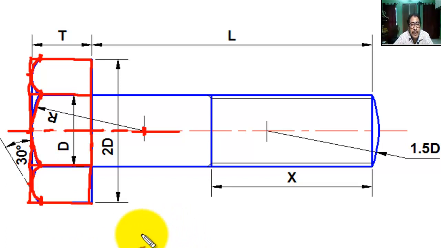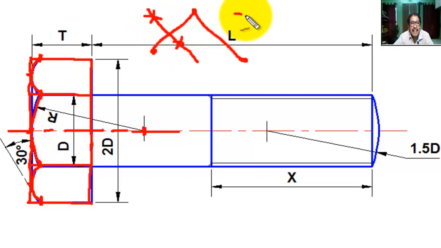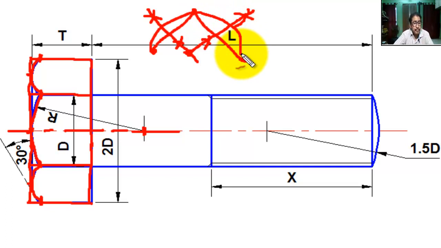The 3-point arc procedure is: if this is a point, this is a point, this is a point, first join these 3 points, then divide this line, draw the line, and next divide this line, draw the line, with center at this point we draw the 3-point arc. This is the procedure.